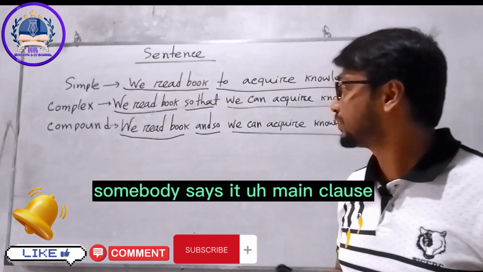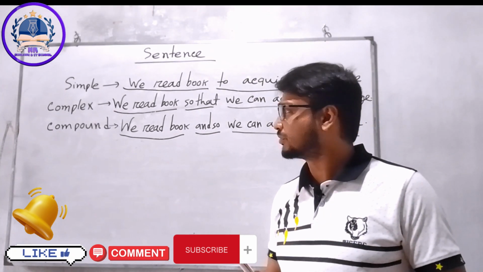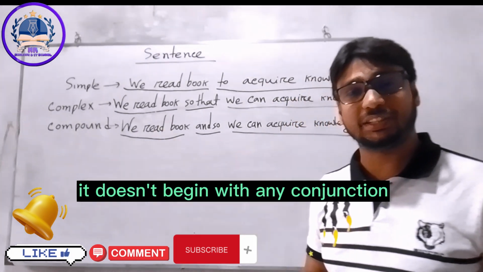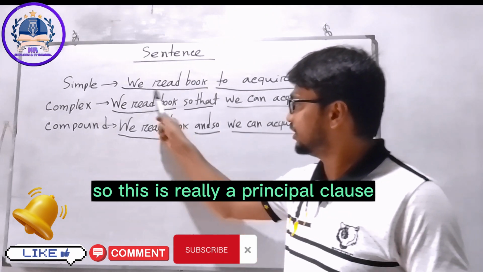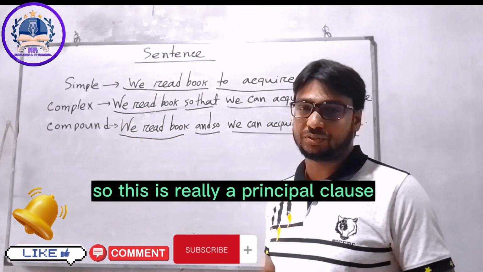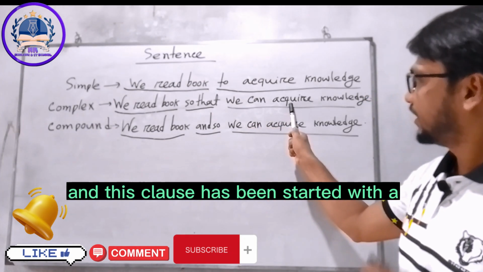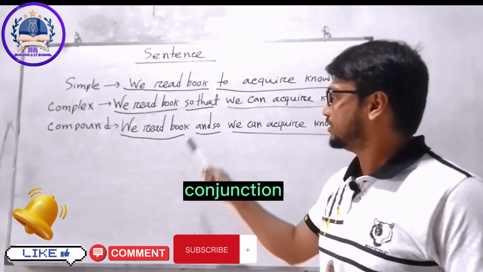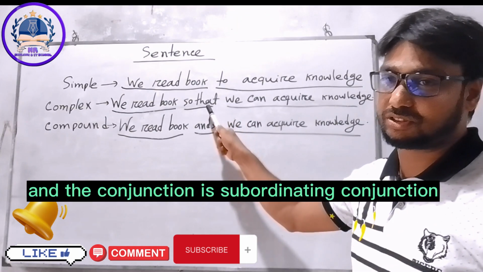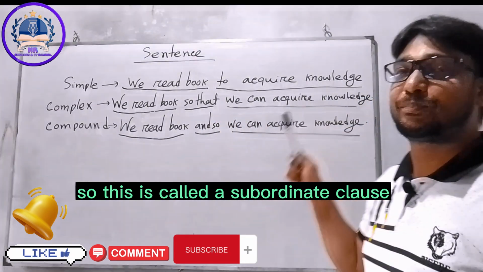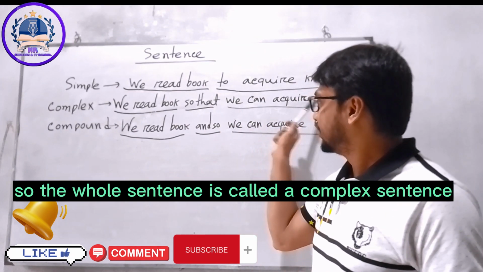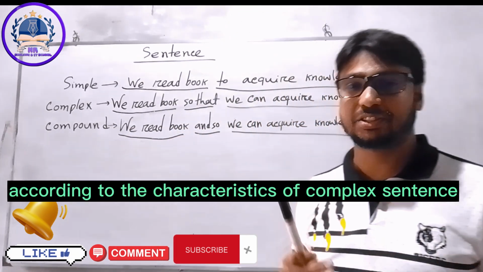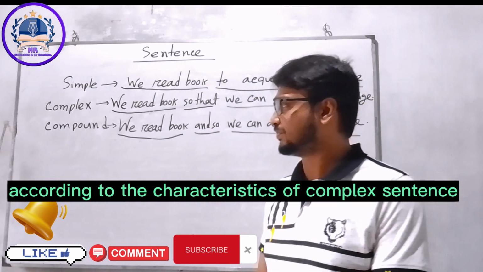Somebody says main clause. The main characteristic of the principal clause is it doesn't begin with any conjunction. And the other clause has been started with a subordinating conjunction, so this is called a subordinate clause. So the whole sentence is called a complex sentence according to the characteristics of complex sentence.